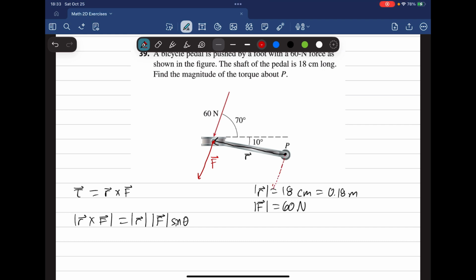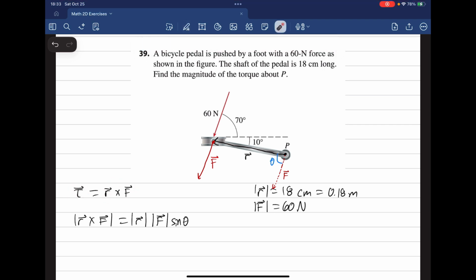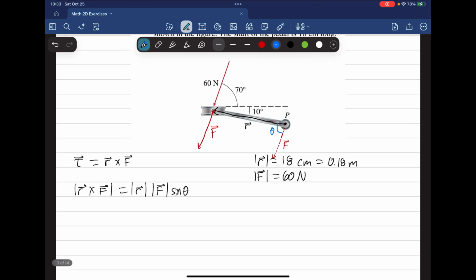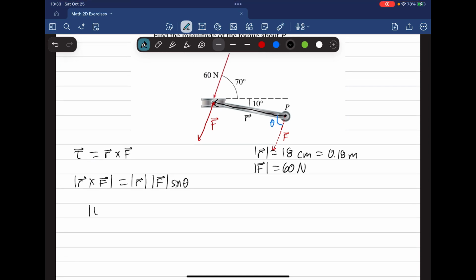So here, let me make a copy of F. This angle theta would be this angle right here. And this would give us the magnitude of the torque as r F sine theta.